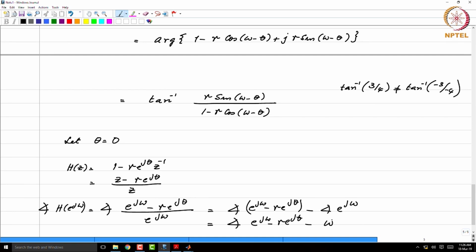The reason why I am writing it like this is, remember, this z, which is a trivial pole, didn't contribute to the magnitude response, but sure enough it can't be sitting in the expression and not contribute to both phase and magnitude. It didn't contribute to the magnitude, it is surely contributing to the phase, as can be expected.